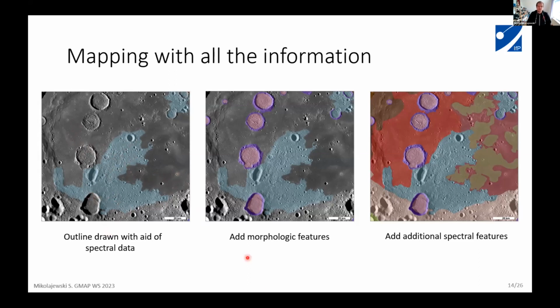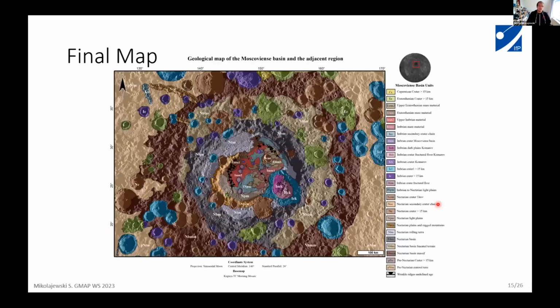So then we add some morphologic features like these floor fractured craters, and at the last step we add different spectral features and also different albedo units and morphologic units, and with that we can get this final map. This is my preliminary map for the Moscoviense area. And this map I used for a landing site analysis, which I will show you now.